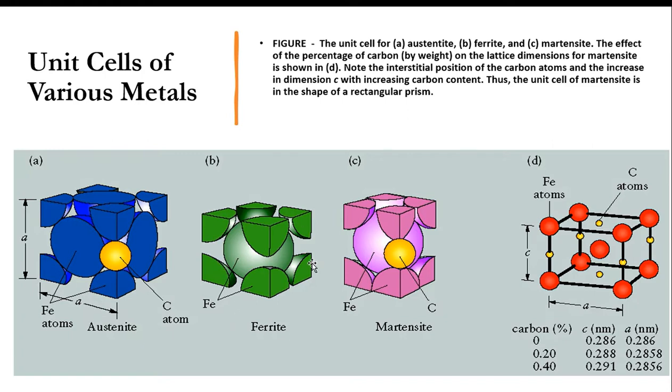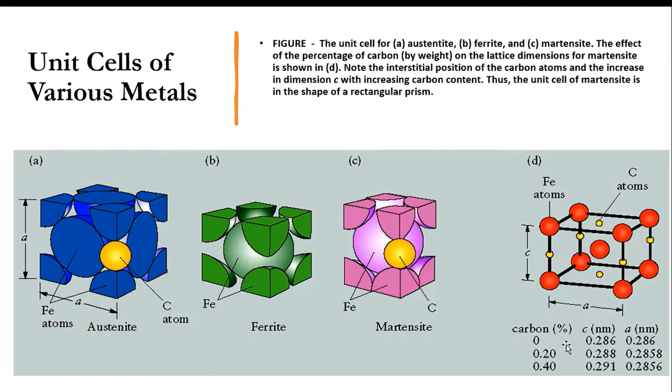Then again, the pure body centered cubic structure they call ferrite. And again you can place a carbon inside this, they said that is martensite, right. Here you can see there are different places where they can place a carbon atom inside the iron structure, and they have developed some names for that also.